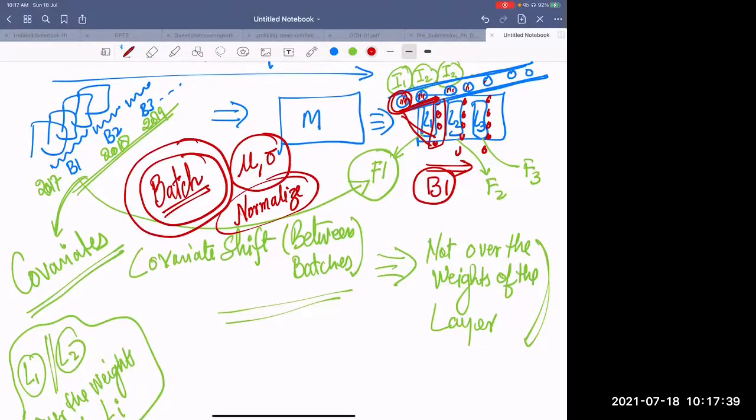I get network, I get layers, I get a batch, I show that batch to my network, I get mu and sigmas, I normalize the outputs with respect to that batch, and I'm done. That is going to be the input to the upcoming layers. So that's actually batch normalization.